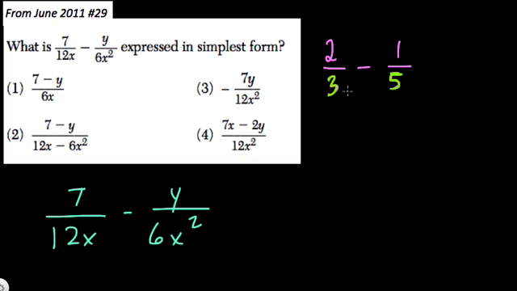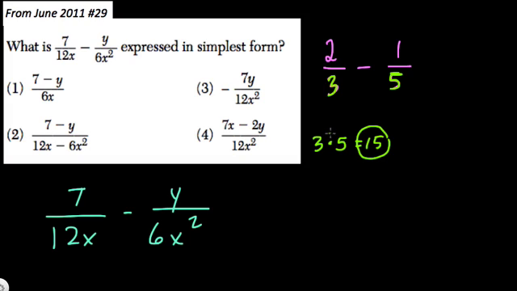But we could also just take 3 and multiply it by 5 to get 15. If I multiply the two denominators, I always get a number that is divisible by both denominators. 15 is a multiple of 3 and 5.